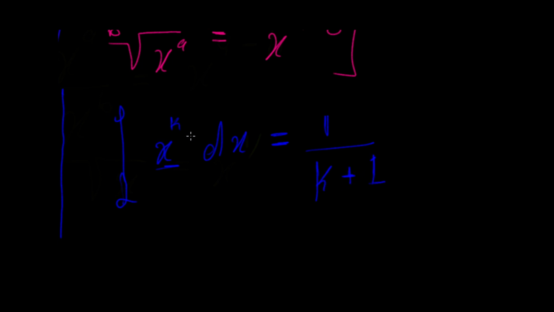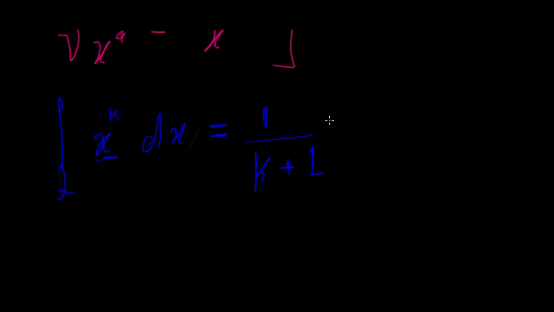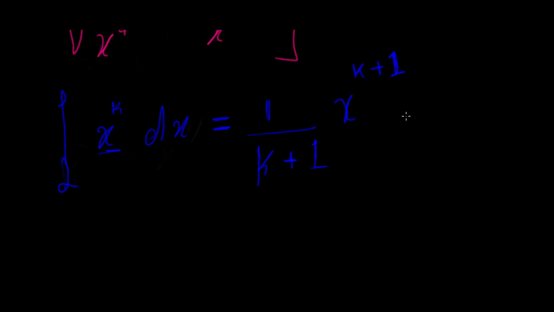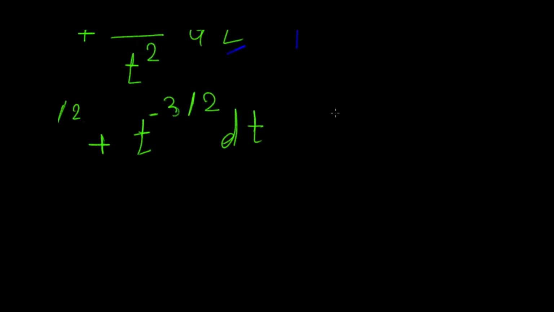K could be an n, sometimes depends on the book you're using. Maybe k is n in your book. Anyways, plus c, of course, in this general form, we will always have the plus c. Okay, let's continue.